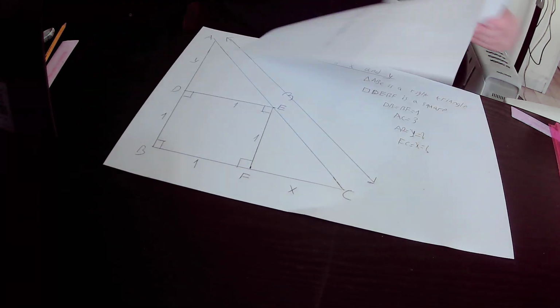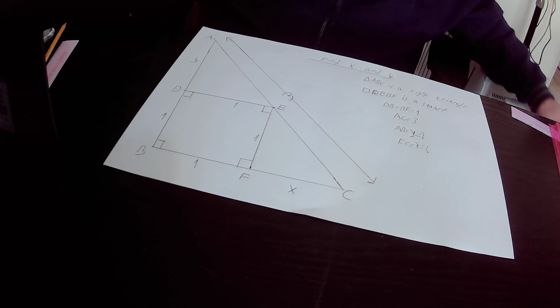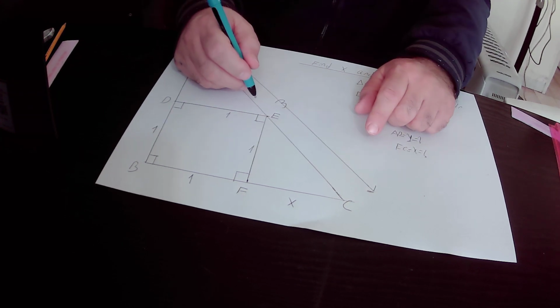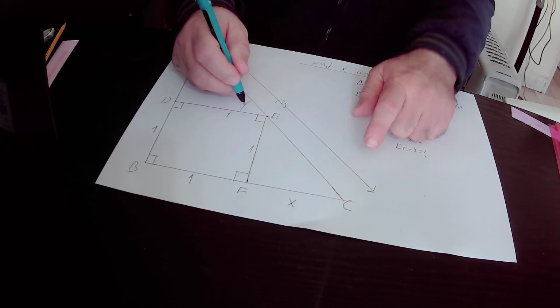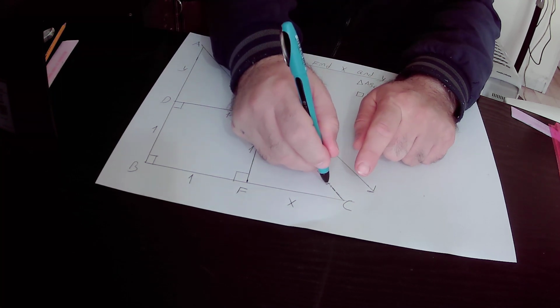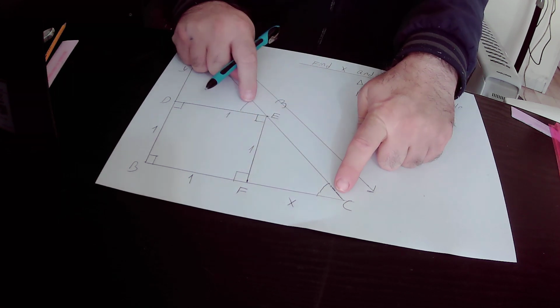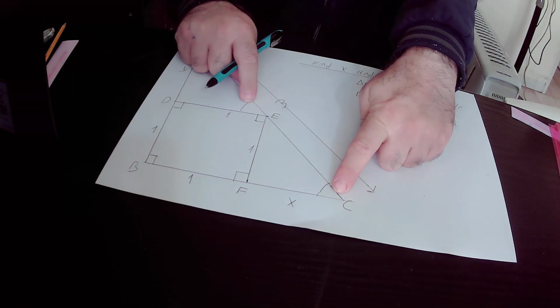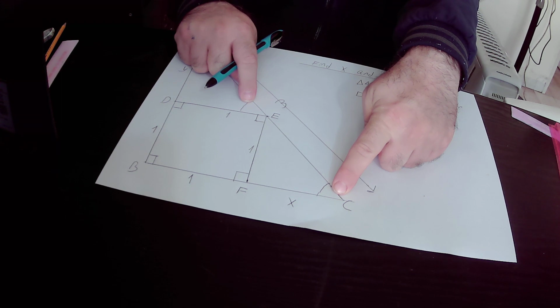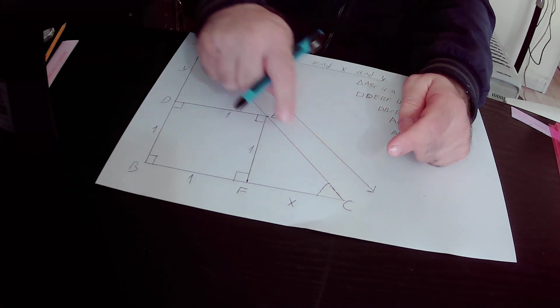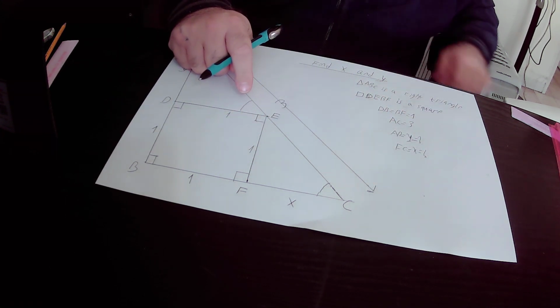So in our drawing, those two angles are defined as corresponding angles, and they are located between the parallel lines DE and BC. Therefore, according to rule number 1, they are equal to each other.